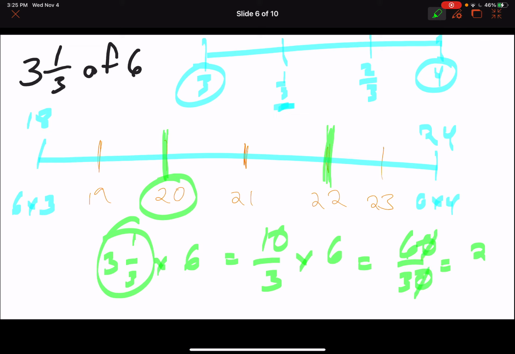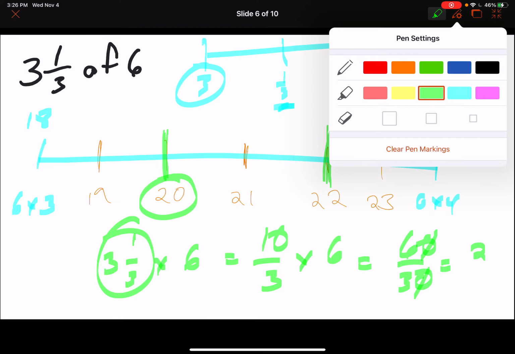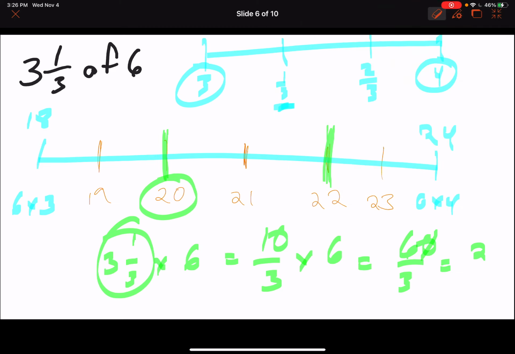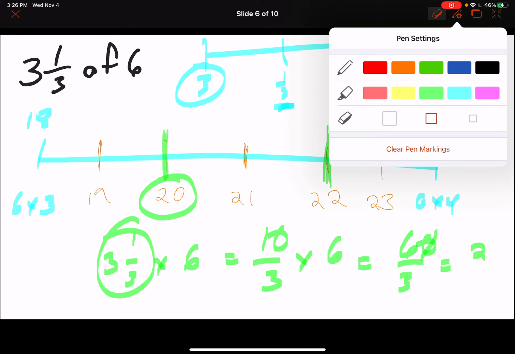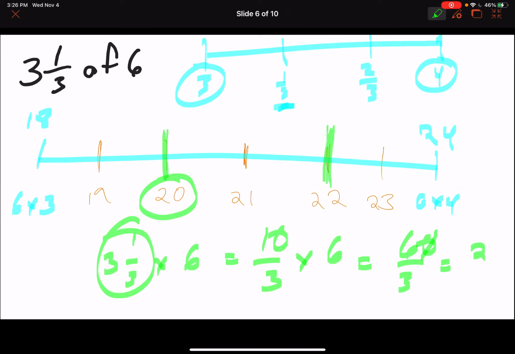Right? Those cancel each other out. 6 divided by 3 is 2. Okay. Oops. I am wrong here. This is 60 divided by 3, which is 20. Okay, and that is our answer there.